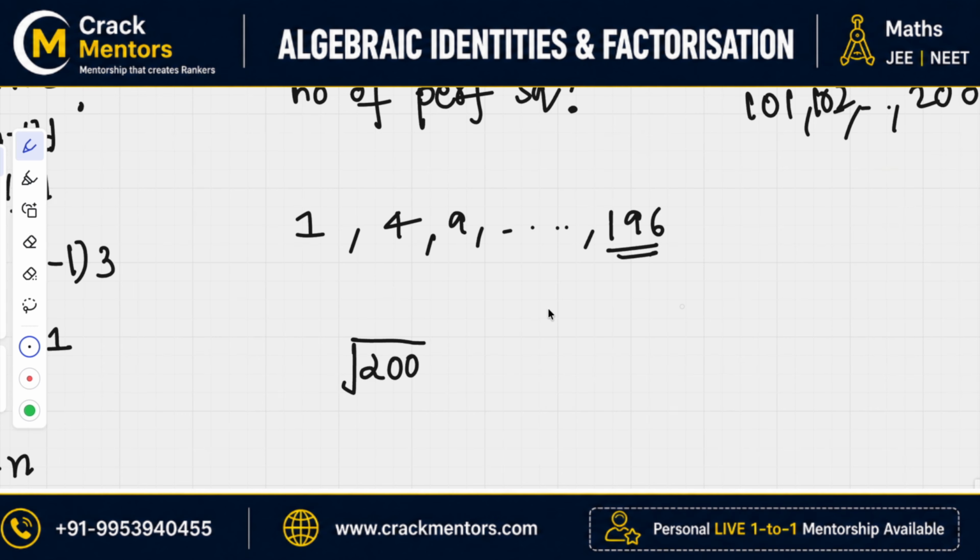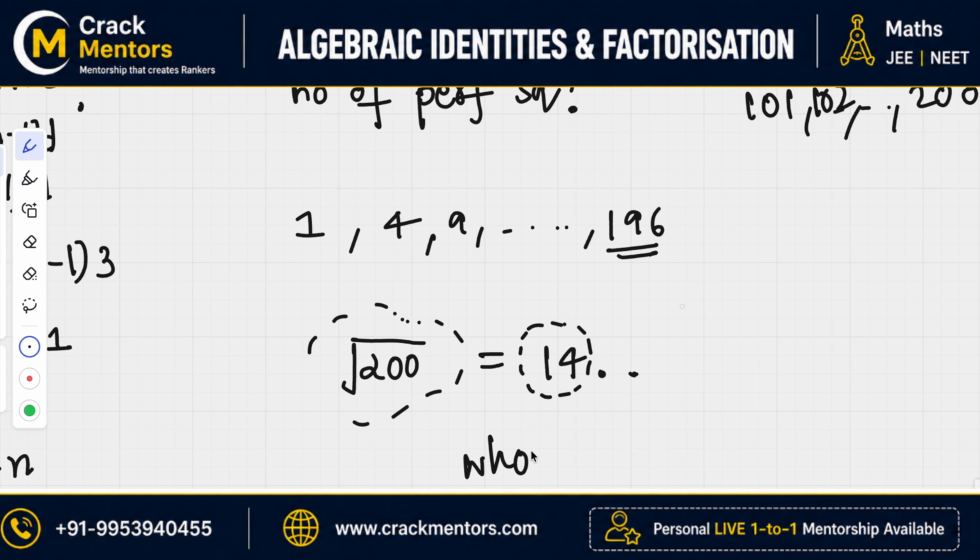You have to find this basically, so you can say this would be 14 point something. Now you have to give the answer as only the whole part and not the decimal part. So either somebody could do it using this, or if somebody just knows how the perfect squares are, that works too.